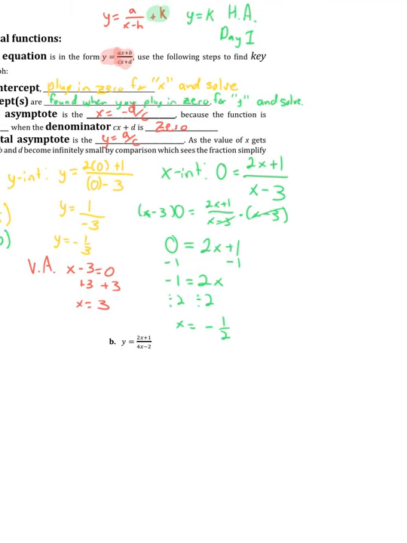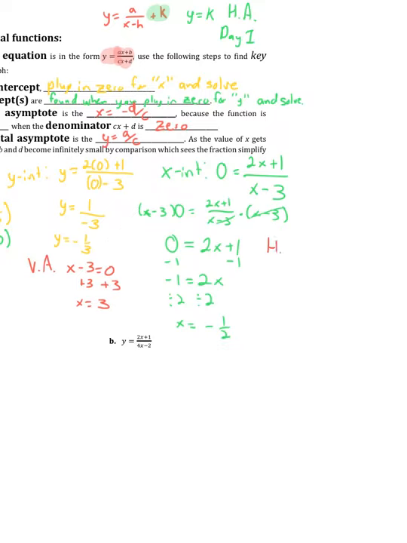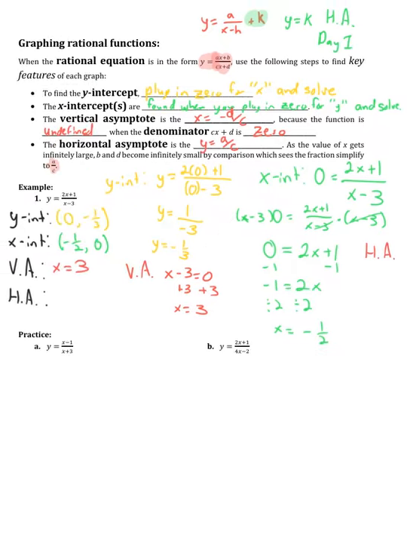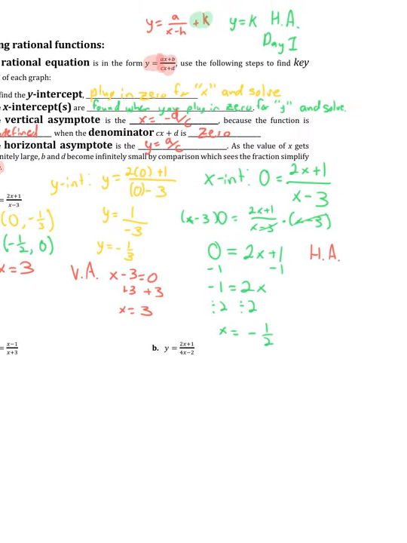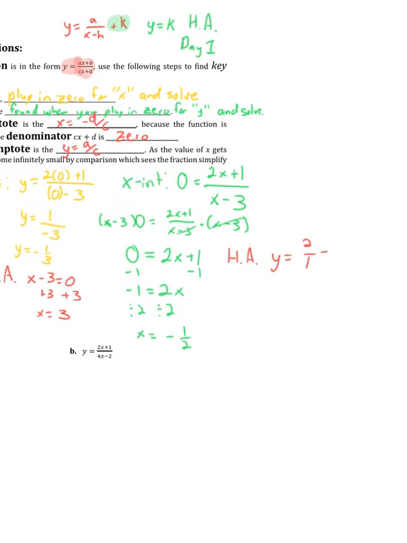And then last part, the horizontal asymptote, is saying I'm going to look for the a and the c values, the numbers in the very front. In this case, that's 2 divided by 1, or just 2. So y equals 2.